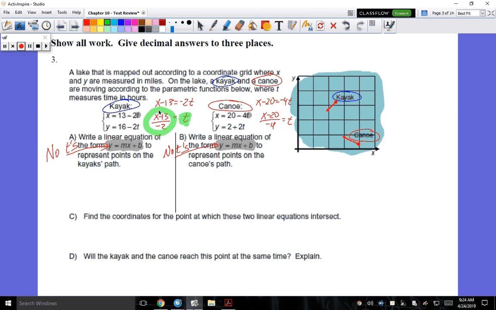So now we're going to plug in these x terms into the second equation for y, so that we get y is equal to 16 minus 2 parentheses t. This first one we got all of this for t. And then over here we'd get y is equal to 2 plus 2 times t. And for this t value we got x minus 20 all over negative 4.